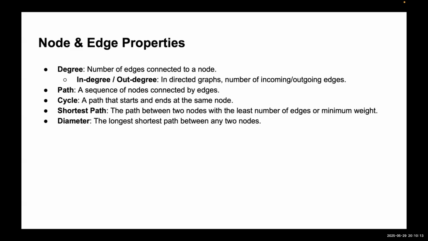The shortest path: if we have multiple paths between two nodes, we have to find the shortest path, and that is what we use when we have to deliver a parcel or find the shortest set of lights from point A to point B, like that. And the diameter is the longest shortest path between any two nodes.